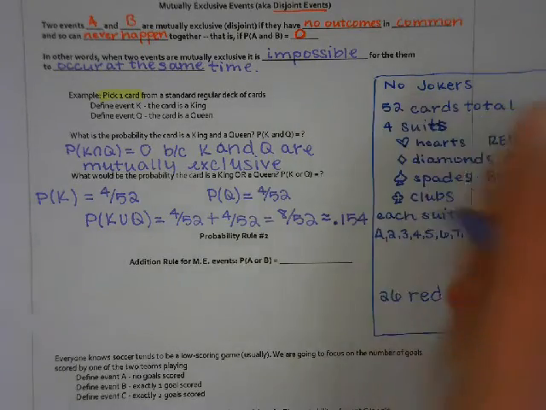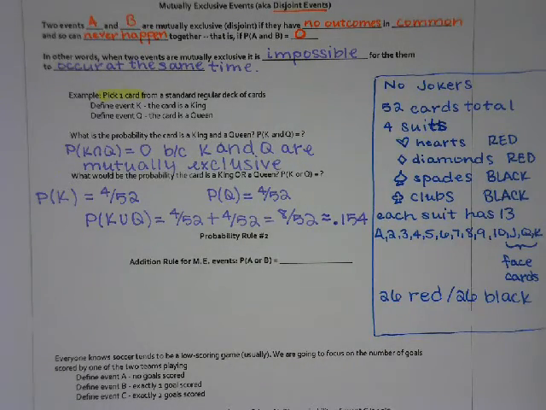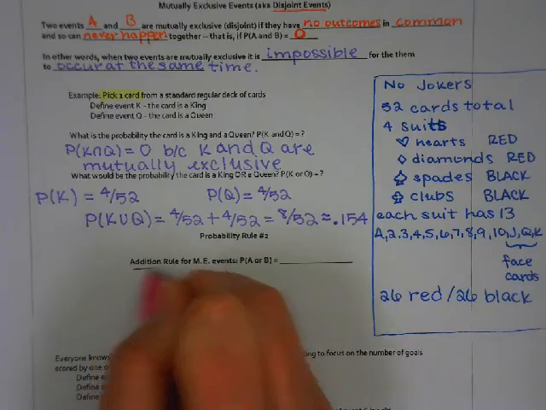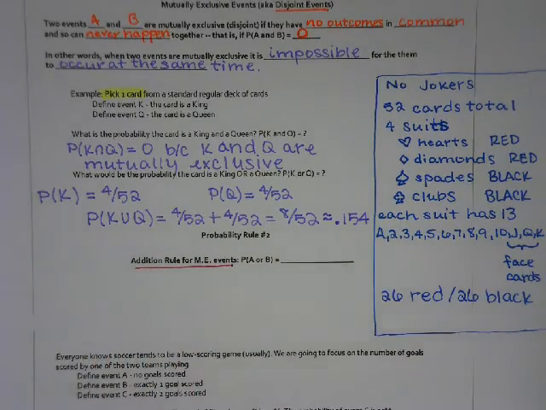So that brings us to probability rule number 2, the addition rule for mutually exclusive events.